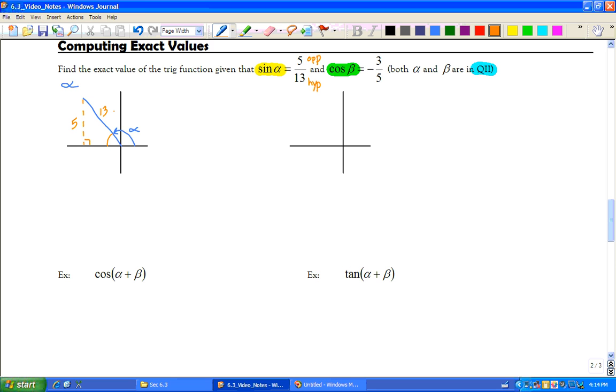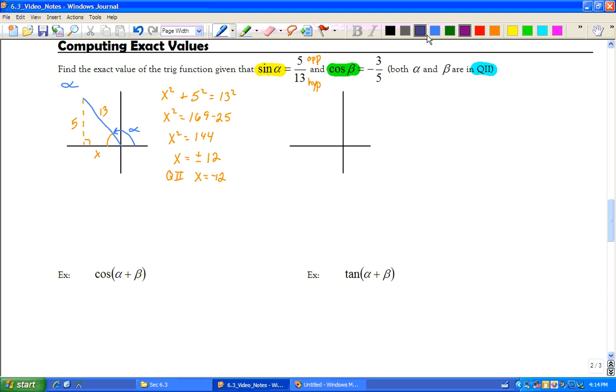Well, we can easily use the Pythagorean theorem to figure out what our adjacent side is, or our x side. So let's do that really quick. So we have x squared, I'll label this x, plus 5 squared is equal to 13 squared. So x squared is equal to 169 minus 25. So we have x squared is equal to 144. And when we square root, we have x is equal to plus or minus 12. Well, we know we're in quadrant 2, so that means our x value is going to be -12.